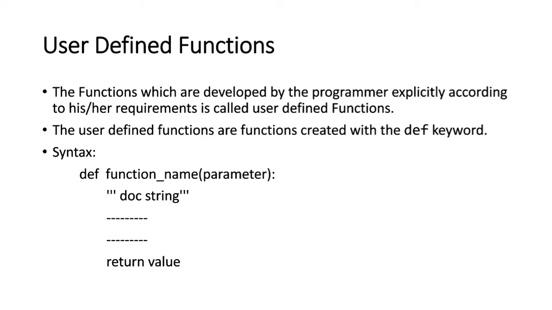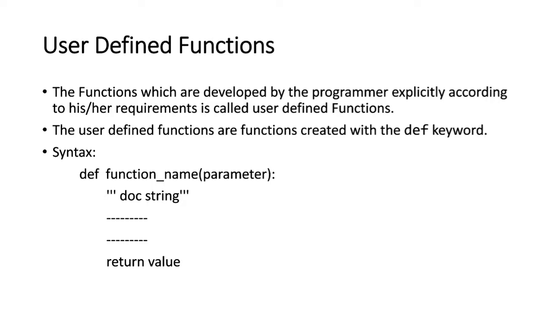This is a short form of define. So def is a keyword in Python, and on your screen you can see the syntax of a function. You use the def keyword, then a space, then the name of the function, and in the brackets you can see a word written there which is parameters. A parameter is an input to the function.